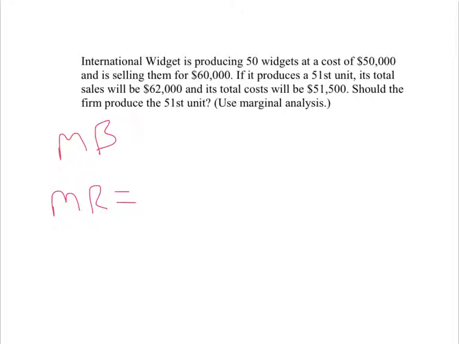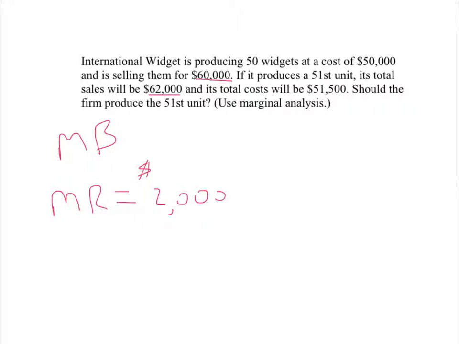What's the additional revenue generated by one extra widget? Well, revenue goes from $60,000 to $62,000 as a result of one more unit. The difference, that $2,000, is the marginal revenue, or the marginal benefit of the 51st widget.